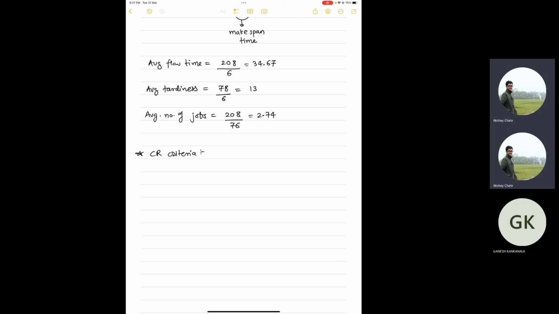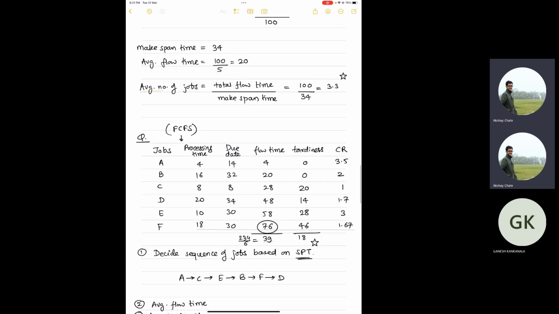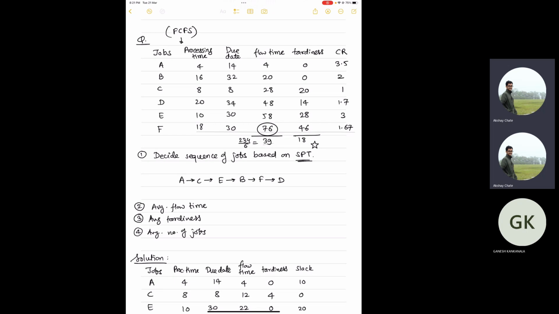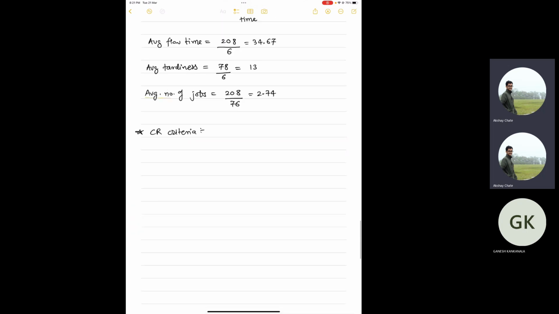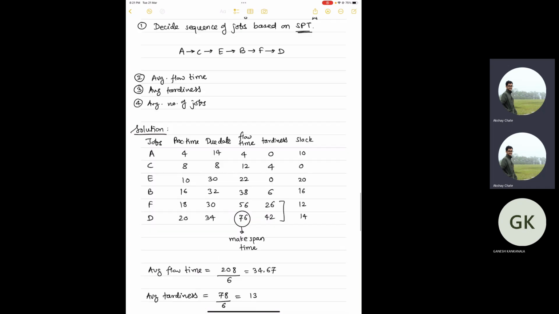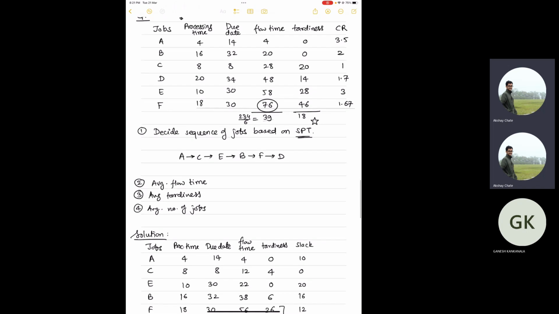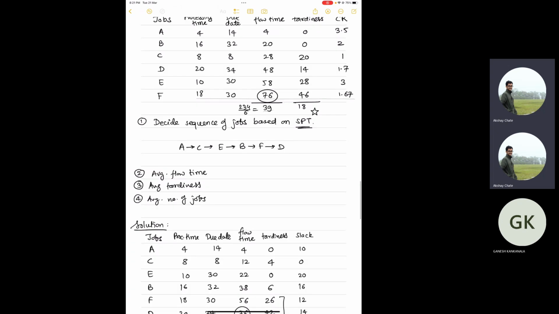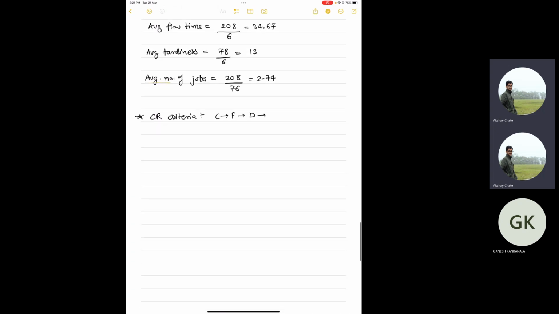Here the sequence will be: lowest CR is 1, which is C, then F, D, and then D, E, A. Okay. Now again we have to repeat the same thing.